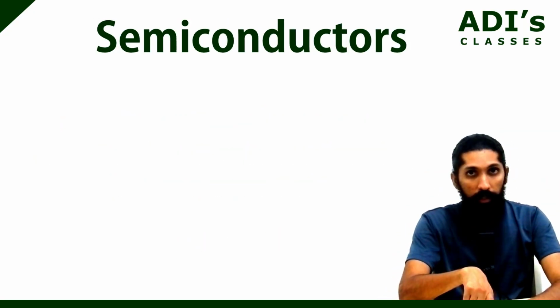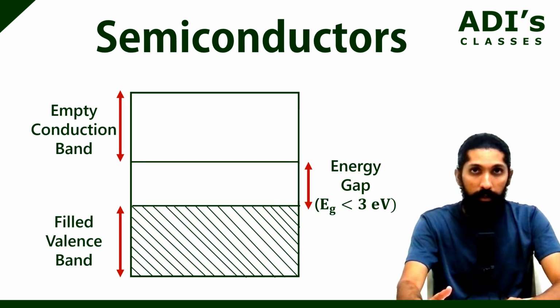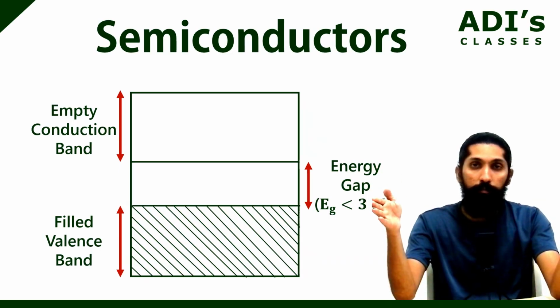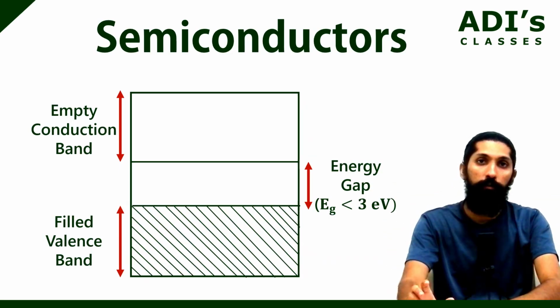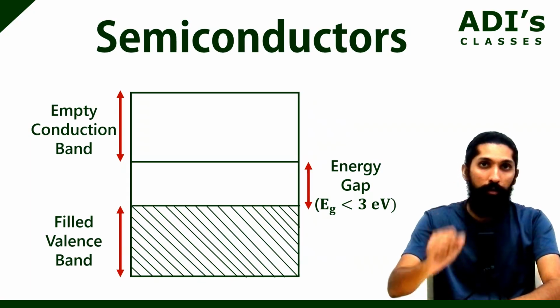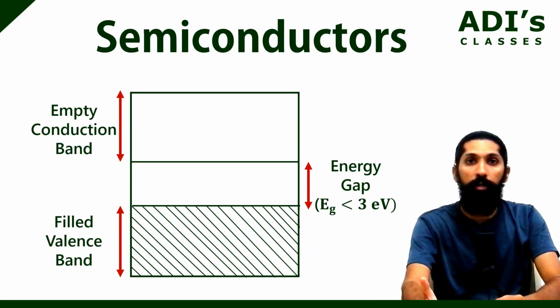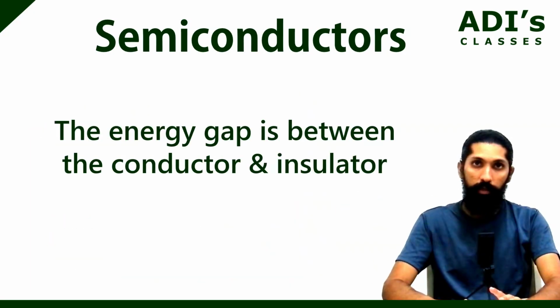Now, semiconductors fall in between these two. In semiconductors, the bands don't overlap, but they're not very far apart either. For a semiconductor, the energy gap is less than 3 electron volt. If I give enough energy to it, it will become a conductor. If I remove that energy, it's an insulator.